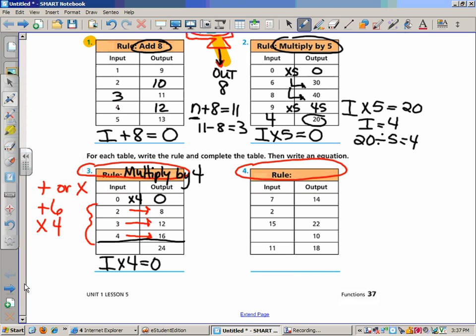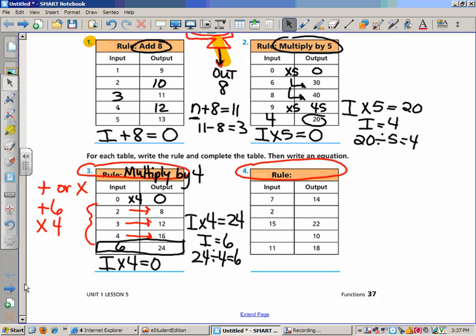Down here, needing to think backwards, I have my input times 4. It's going to equal 24. I could say in my head, what number times 4 is 24? And say that's 6. Or I can use the inverse and say 24 divided by 4 is 6. And 6 goes there. Right, moving on to the next one.